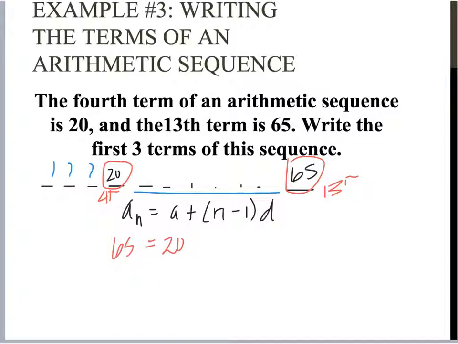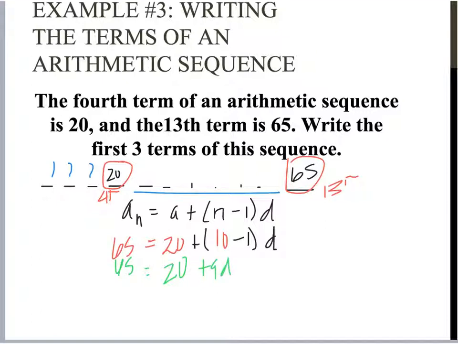So it'd be 65 equal to 20 plus n, we said, including the fourth and the 13th numbers, the numbers in between would make this 10, and then minus 1, and then we don't know what the difference is, but that's what we're going to solve for. So this is going to give us 65 equal to 20 plus 9d.